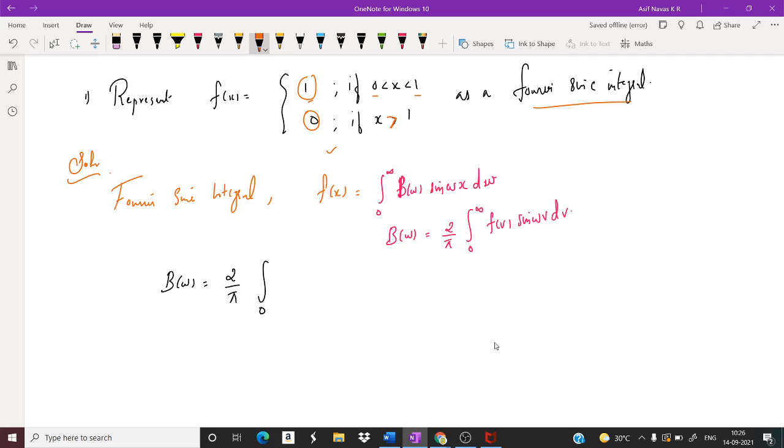So for x greater than 1 the integral becomes 0. What is the limit of integration? It is 0 to 1, because 0 to infinity can be written as 0 to 1 plus 1 to infinity, and over 1 to infinity the integrand is 0, so only 0 to 1 remains.